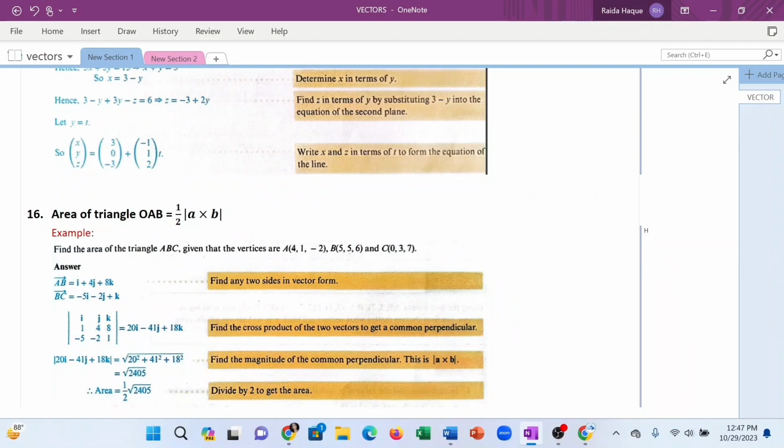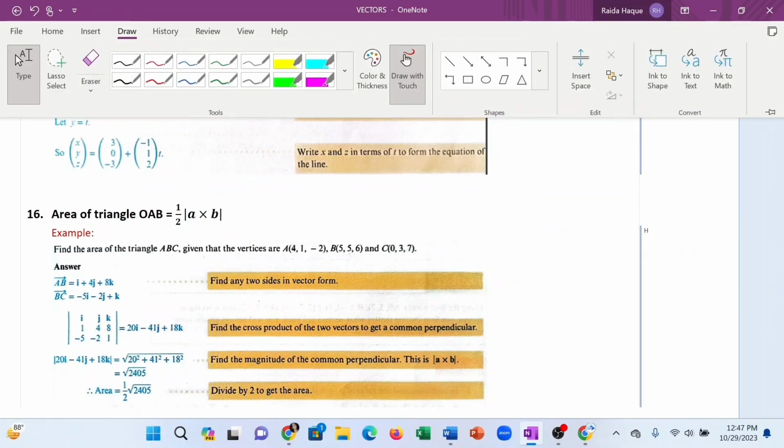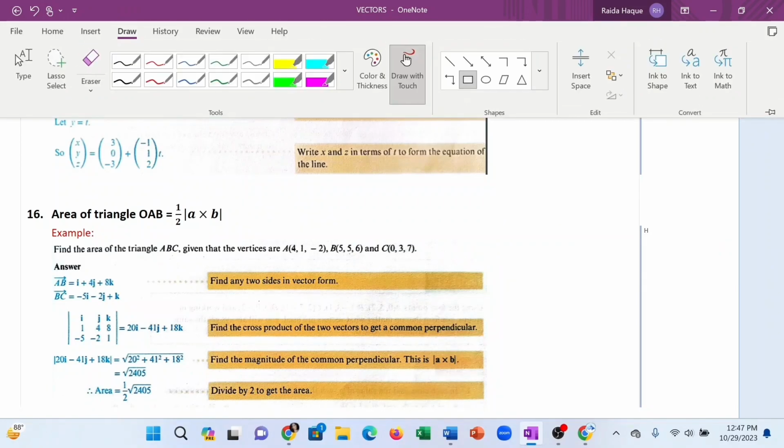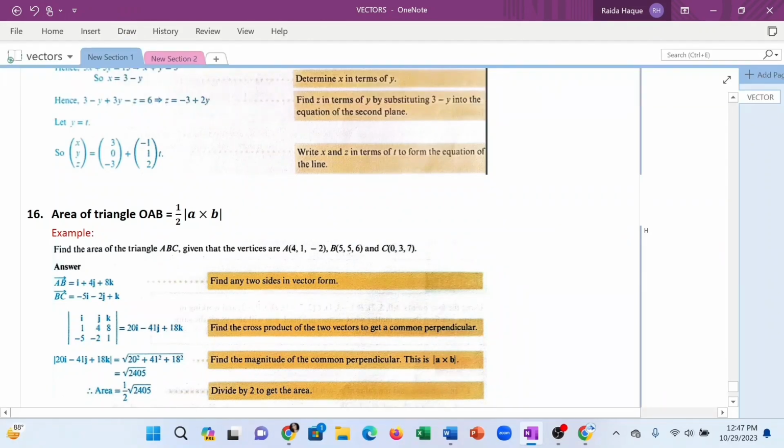I can draw a shape for you. So a tetrahedron has 4 faces, right? So let's say you have this.